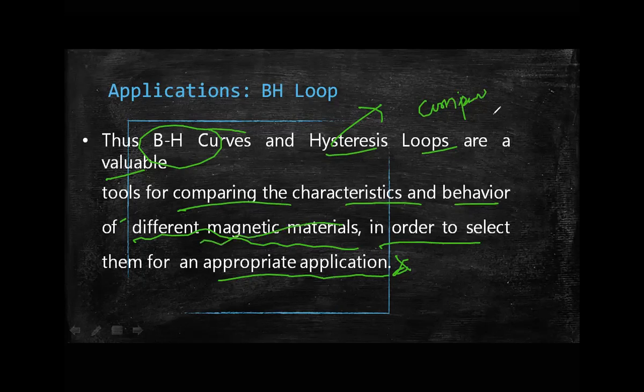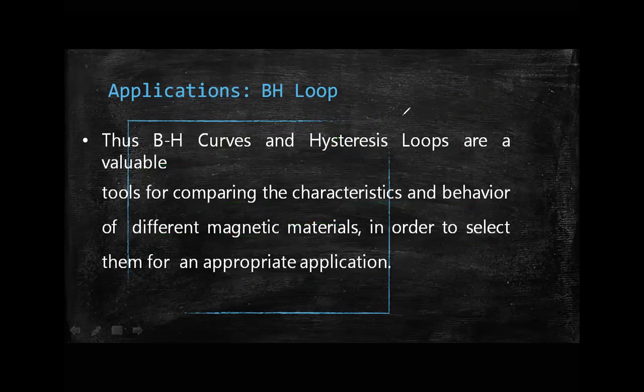If you know the strength of the magnet of that particular material, you can use it for sensors, etc. So why do we study the BH loop? It is very useful to compare magnetic materials, and also to use them for transformers and solenoids.